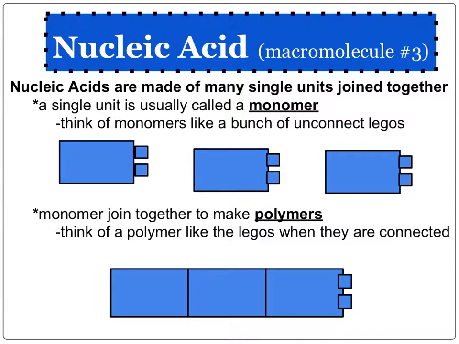This is an obvious similarity to Legos, so they're often used as the analogy. So you can think of a bunch of monomers like single Legos, just kind of lying about, and then once they are connected, a process called polymerization, you build a polymer. So monomers come together to make polymers.